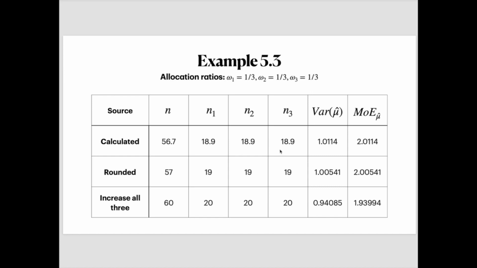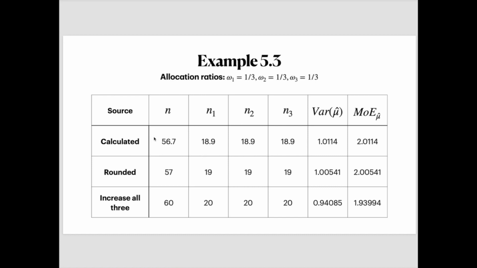And as we indicated, if we go and use the formula for the variance of mu hat, which is in the notes, if we plug these sample sizes into that formula, we see that the variance of mu hat would be 1.0114, and then the associated margin of error of mu hat would be 2.0114.